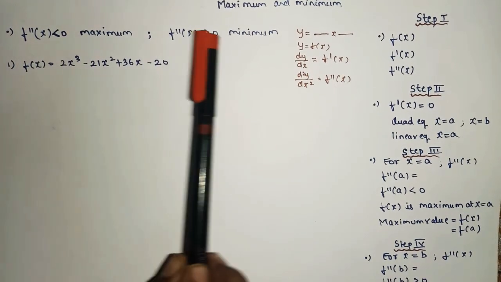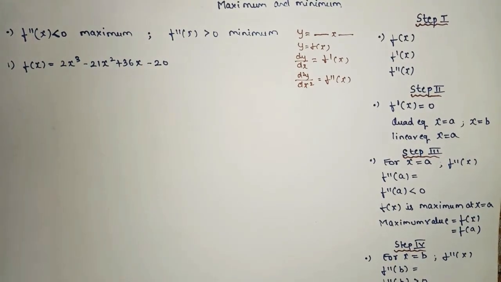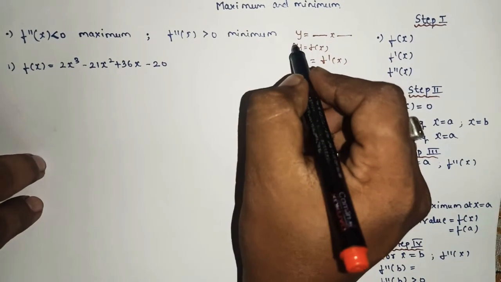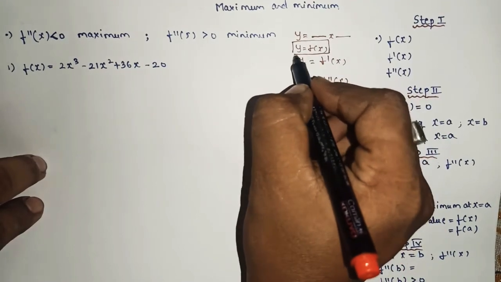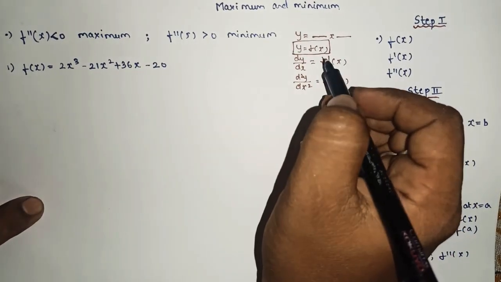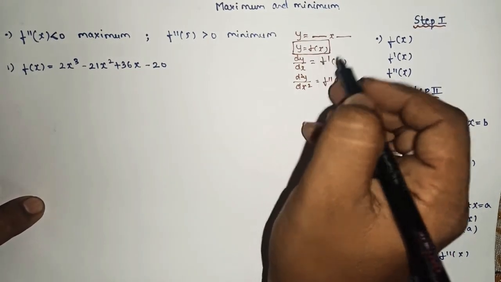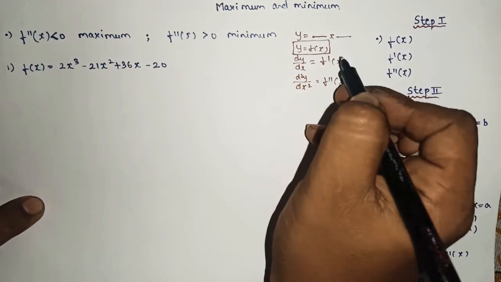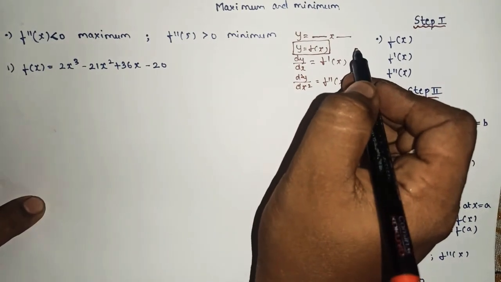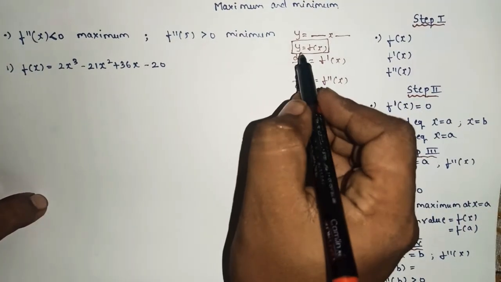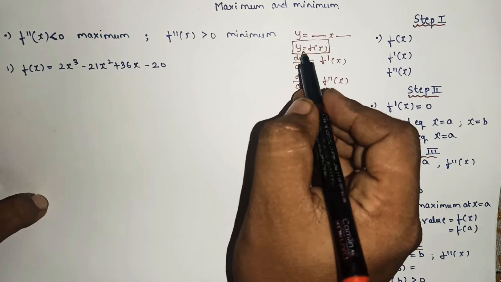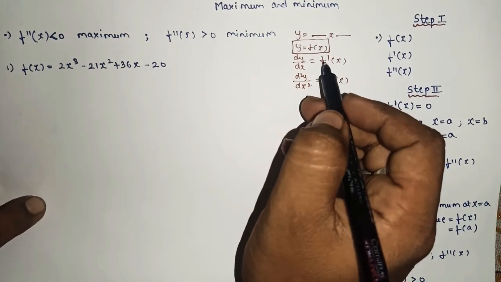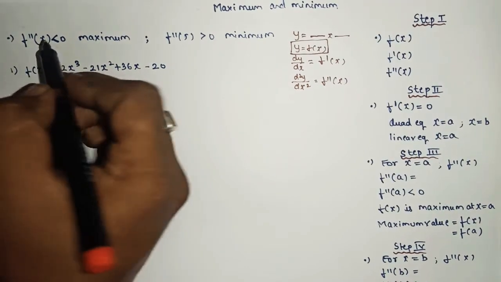So there is a simple concept. Suppose there is a function y equal to f of x. This function is said to have maxima or minima when, listen carefully. Suppose a function y equals f of x is said to have a maxima value, we have to replace the value of x.